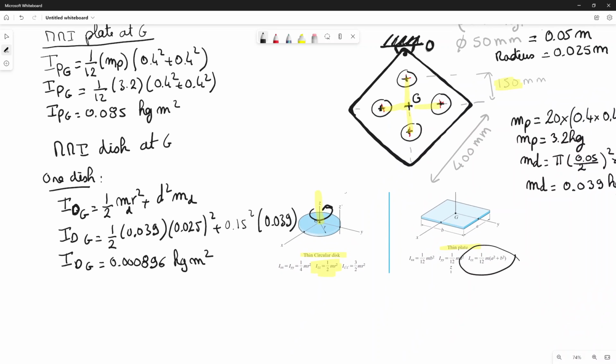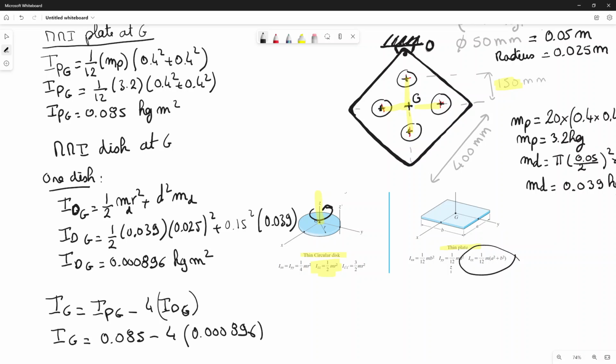So at the end, the I at G will be the I of the plate at G minus 4 times I d at G. So the I at G will be 0.085 minus 4 times 0.000896.